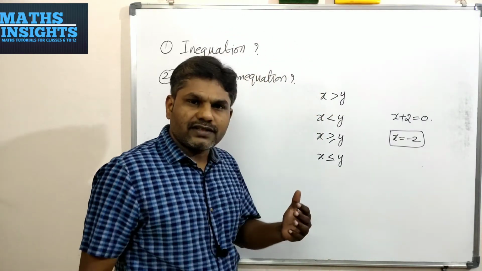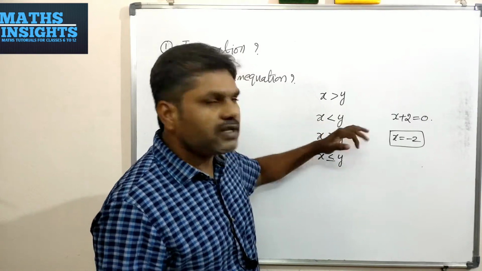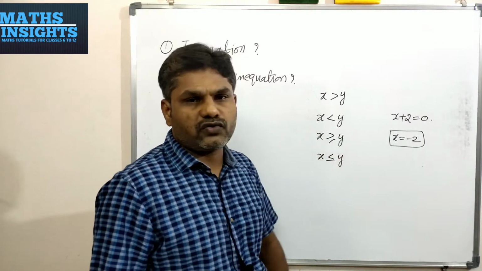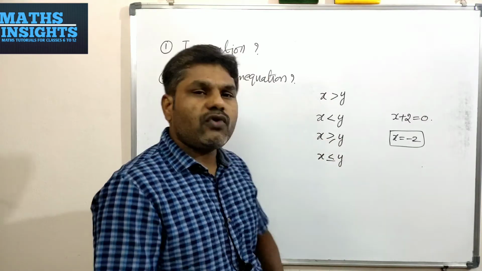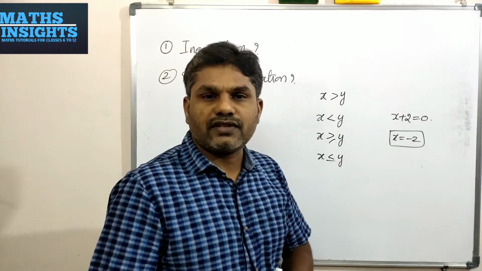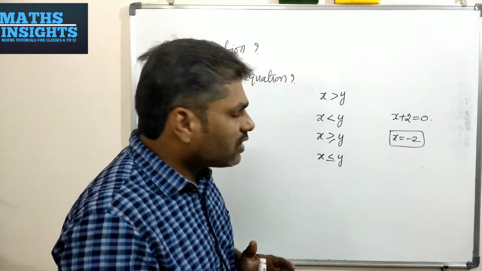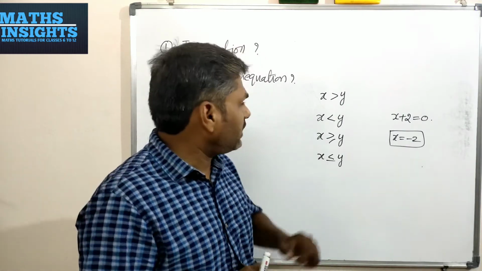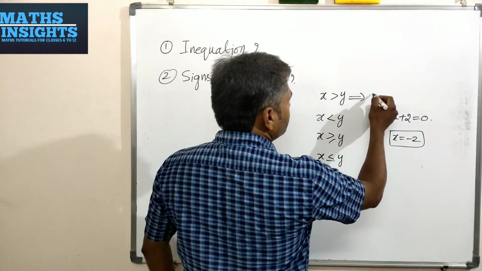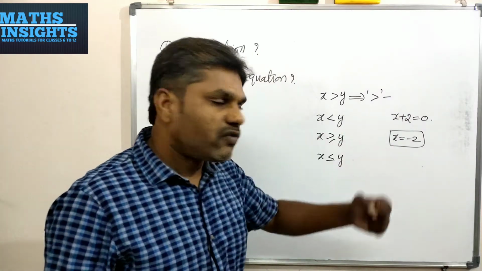But in this case, x is greater than y or x may be less than y, x greater than or equals to y, x less than or equals to y. These four conditions or relations are called inequations, and the symbols between them are called signs of inequality. See, here the symbol greater than is the symbol of inequality.